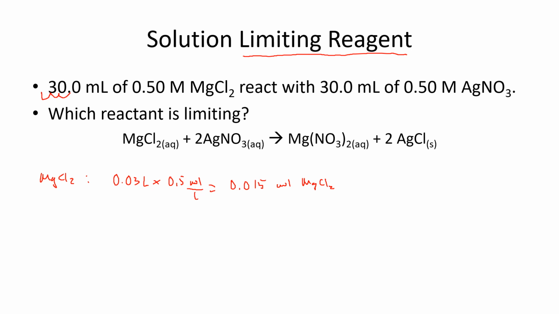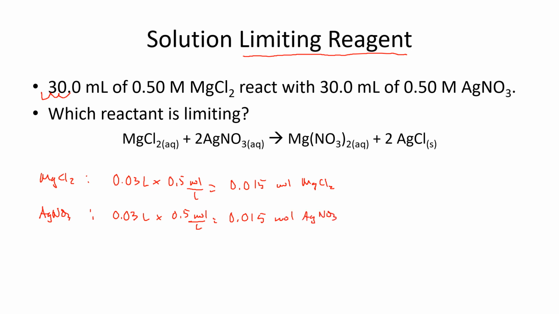And then for the other reactant here, we got silver nitrate, and we've got 0.03 liters of that. Same concentration and same volume, which means same number of moles of each.